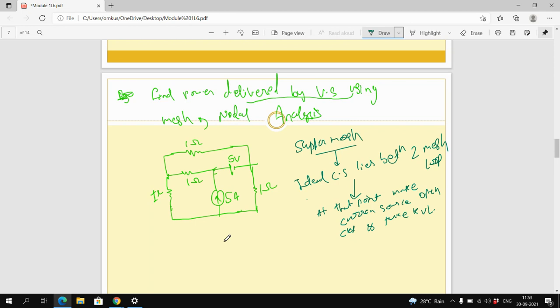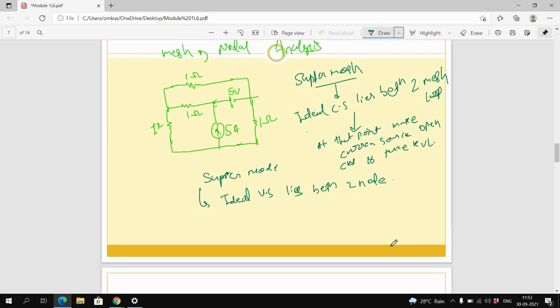Similarly, when I talk about a super node, the concept is: whenever an ideal voltage source lies between two nodes, then it is called a super node.